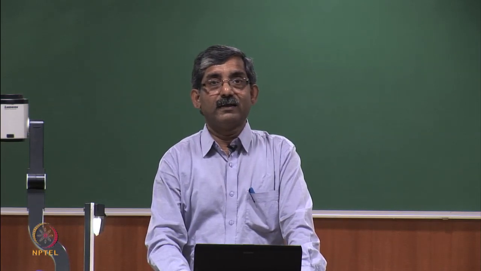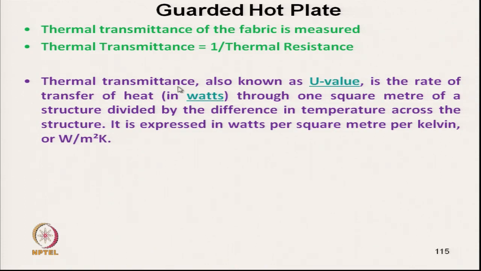So, as already explained, the thermal transmittance, also known as U value, is the rate of transfer of heat in watts through 1 square meter of a structure, in our case a fabric, divided by the difference in temperature across the fabric structure.